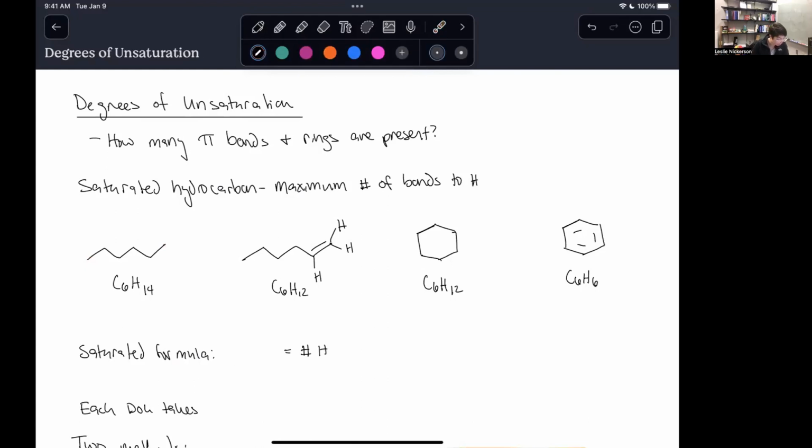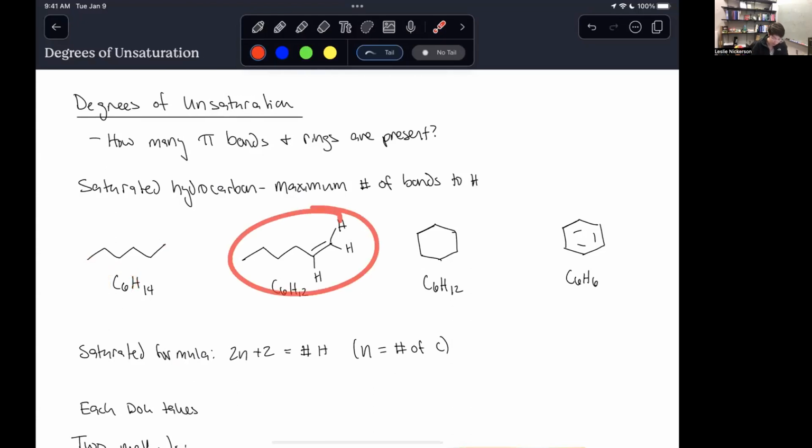So in the saturated formula, the number of hydrogens can be determined based on the number of carbons, where that saturated formula is 2n plus 2 for the number of hydrogens when n equals the number of carbons. So if I had 7 carbons, I would have 2 times 7 plus the additional 2 on the ends, and we'd end up with 16 hydrogens in a saturated case.